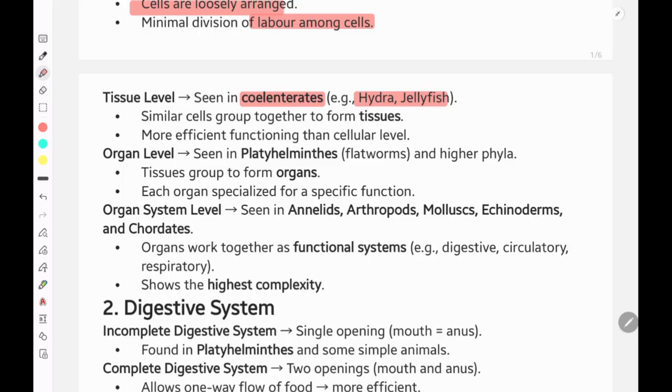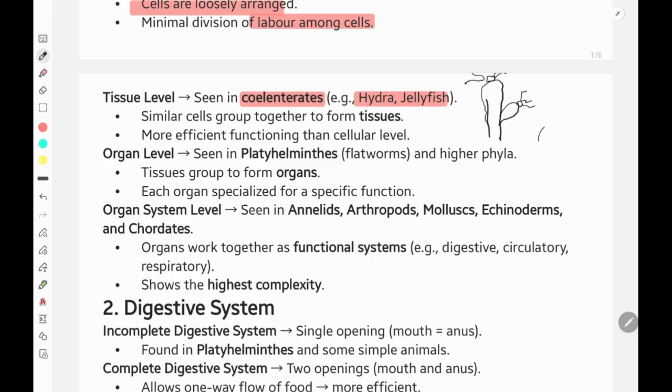Similar cells, the hydra looks like this, and you have seen hydra. This organism looks like this. They have a small siphon-like projection, and they reproduce by budding. As you remember, this is the bud which arises from the hydra, right?